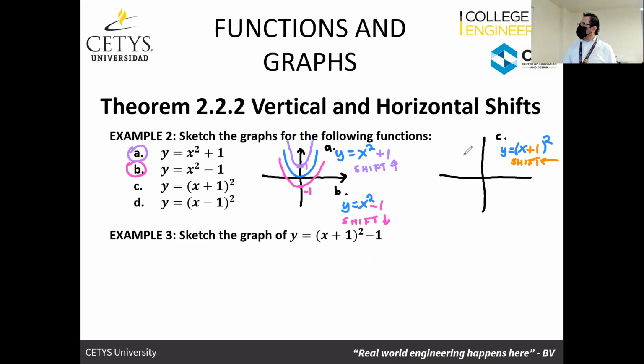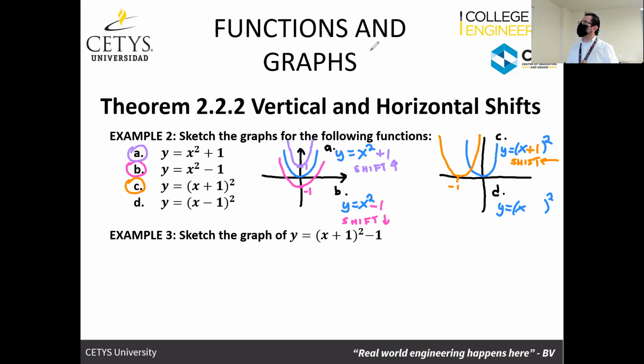In this case, the base function is going to be the parabola. Again, I'm mostly always going to try to draw that one in blue. And there's going to be a shift left to -1, and that would mean that the parabola would now be moved. This would be C. And now for D, the base function is y equals x squared, but now we have a -1.